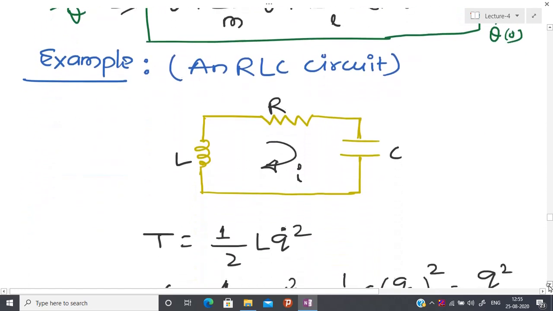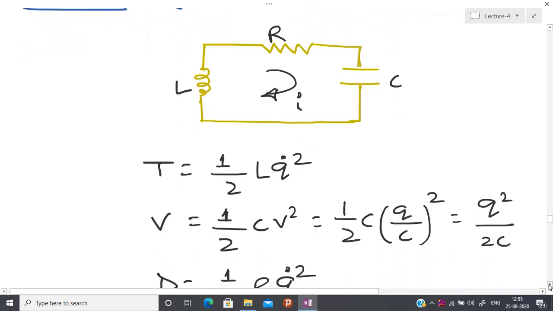Similarly, suppose I have an RLC circuit, so again things become very simple. I have to just calculate the kinetic energy minus potential energy, and we all know that the energy saved inside the inductor is in the form of kinetic energy, and inside the capacitor it is in the form of potential energy. Due to that reason the kinetic energy term appears here, half L q dot square, and V equals q square by 2C.